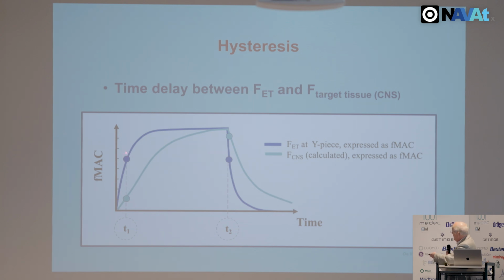At the beginning of the case, your end tidal can rise rapidly to a plateau, but your CNS partial pressure is still low. And the same is true when you turn off the anesthetic. The end tidal can drop very rapidly, but the FCNS is still very high. So you can have two exactly the same end tidal partial pressures with very different CNS partial pressures.